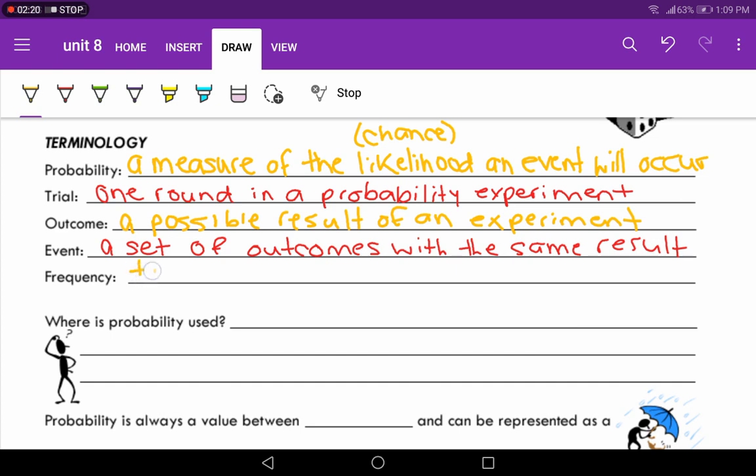So the frequency is the total number of outcomes for an event. So using that coin flipping example, this is just the actual number that, say, heads comes out or tails comes out of an experiment.